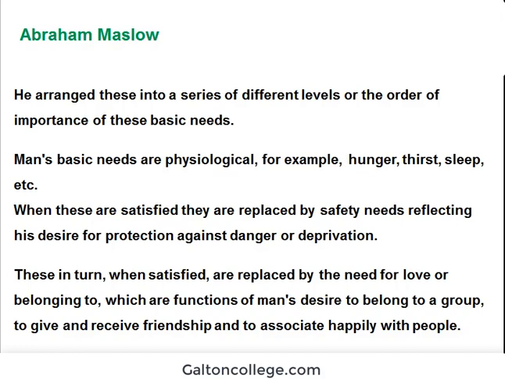So what we've got now is a ranking of needs: basic needs, thirst, hunger, etc. After that we have safety needs, reflecting our desire for protection and to avoid danger and so on. And when those are satisfied, we move on to the need for love or belonging, which is our desire to mix with people happily and to have friendships.